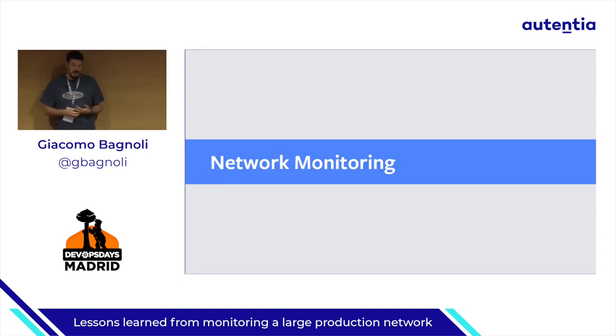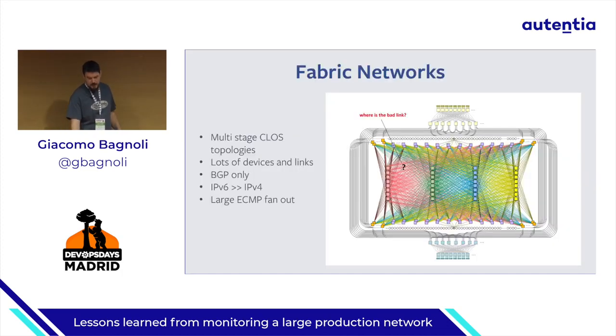So the question is, how do you debug a network? As said, there are going to be simplifications ahead, but generally speaking, at Facebook we have what are called fabric networks. This is a simplified view of a small fabric network, of the many that we have. It's a multi-stage Clos, named after the person who invented this topology in the 50s for switched telephone networks.